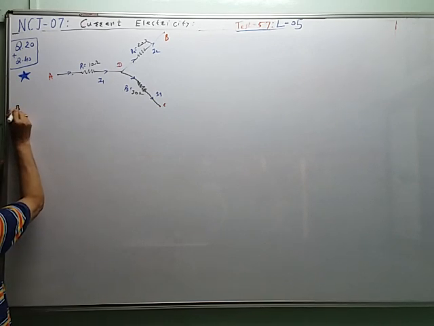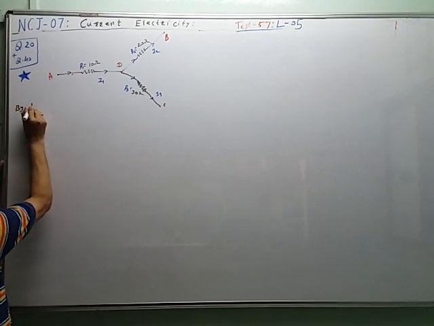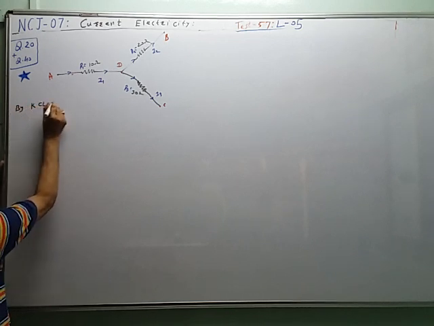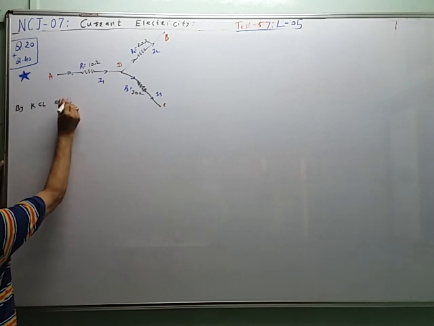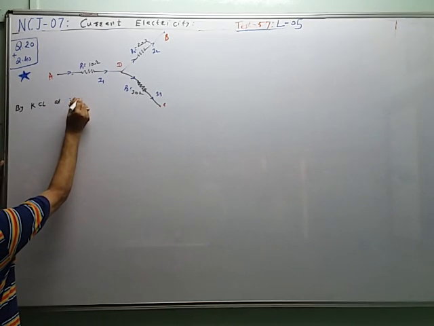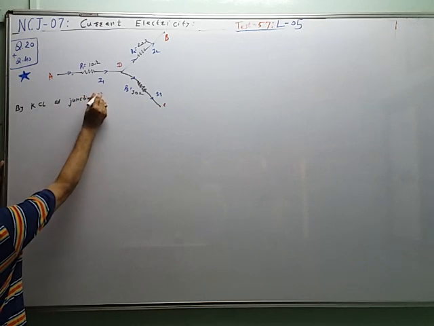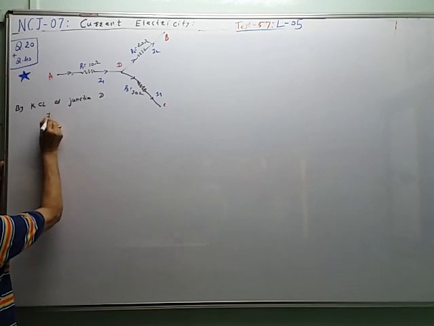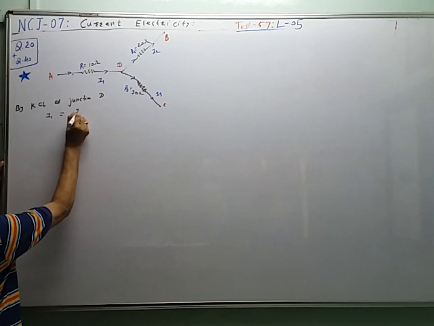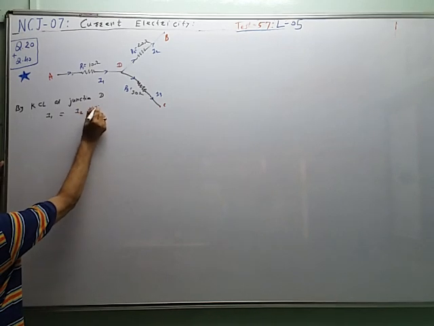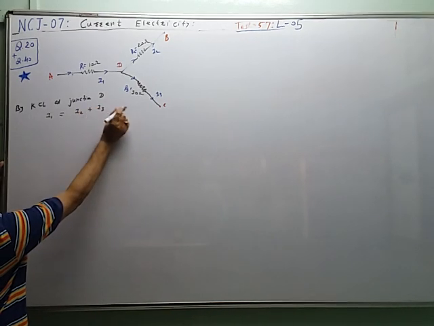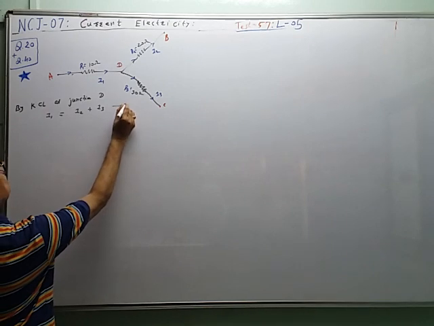By KCL, Kirchhoff's current law, at junction D, I1 is equal to I2 plus I3. This is equation 1.